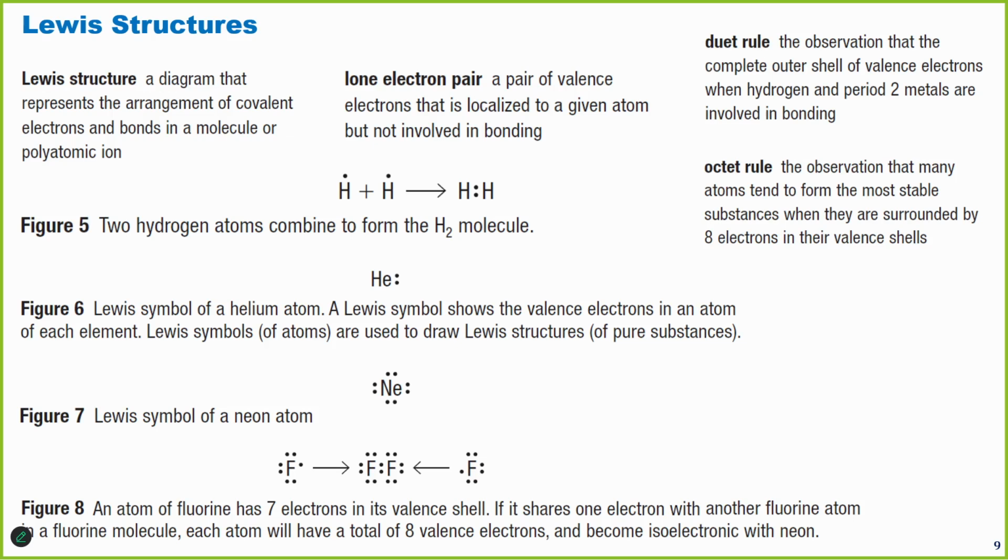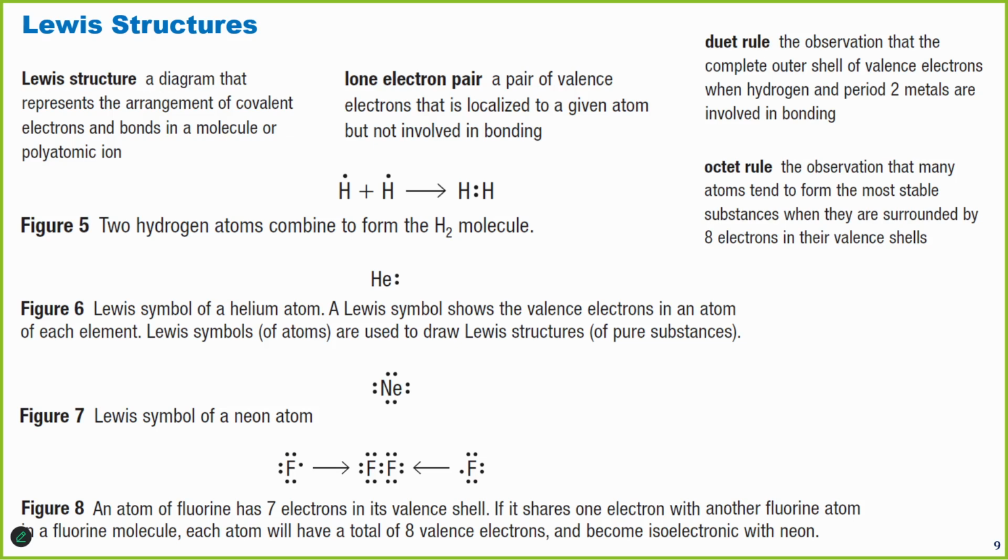So this concept is shown here in figure 5. As you can see here in figure 5, when two hydrogen atoms combine, they can form the hydrogen molecule, and they share a pair of electrons. In this manner, hydrogen atoms become isoelectronic with helium atoms, which is shown here in figure 6.